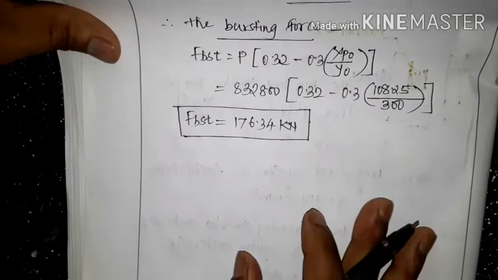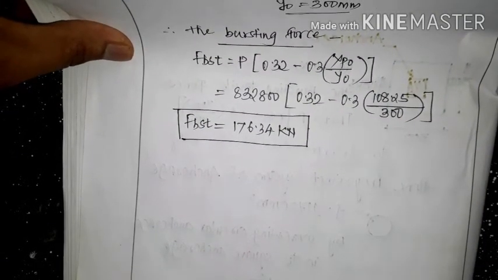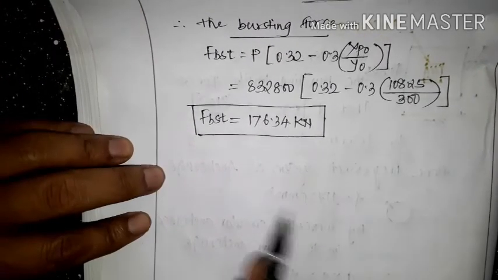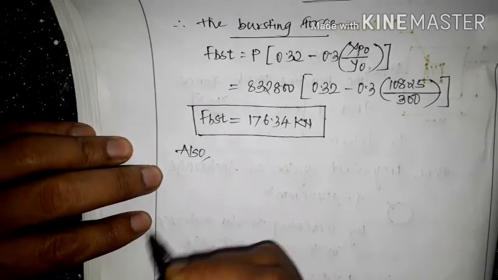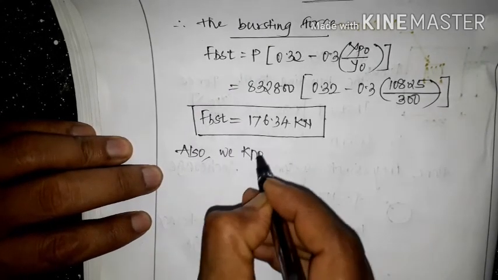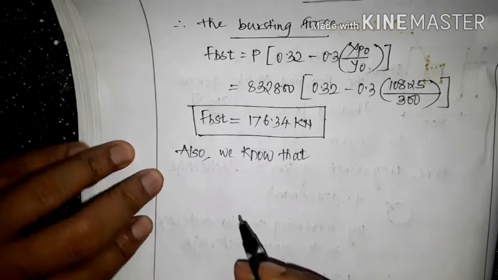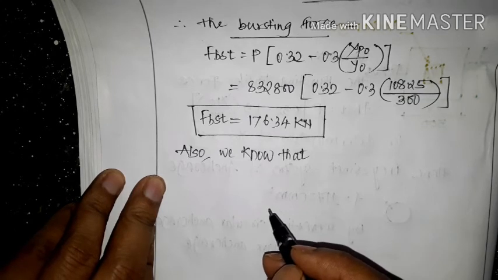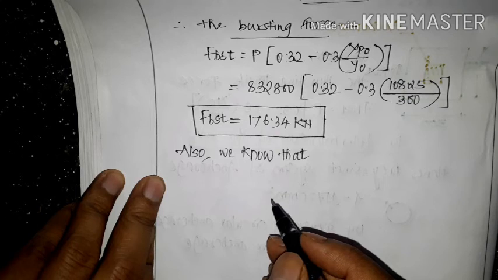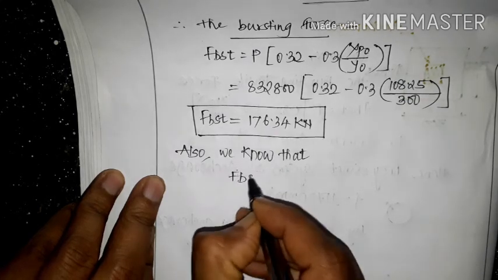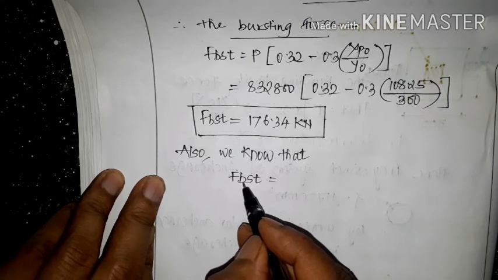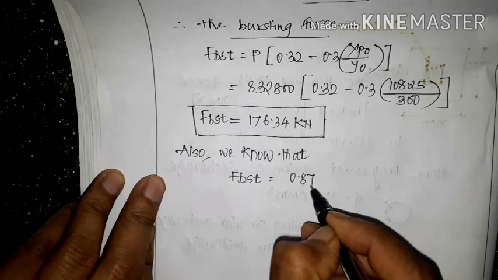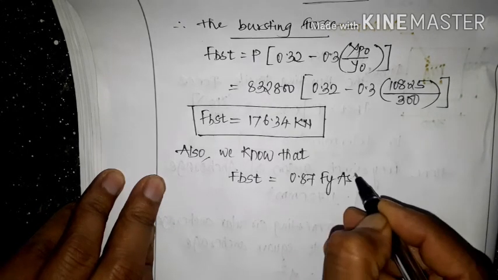So now we have to find the area of reinforcement to resist this bursting force. We know that the tension developed, that is FBST, the bursting force which will develop the tension, should be equal to 0.87 Fy into AST.